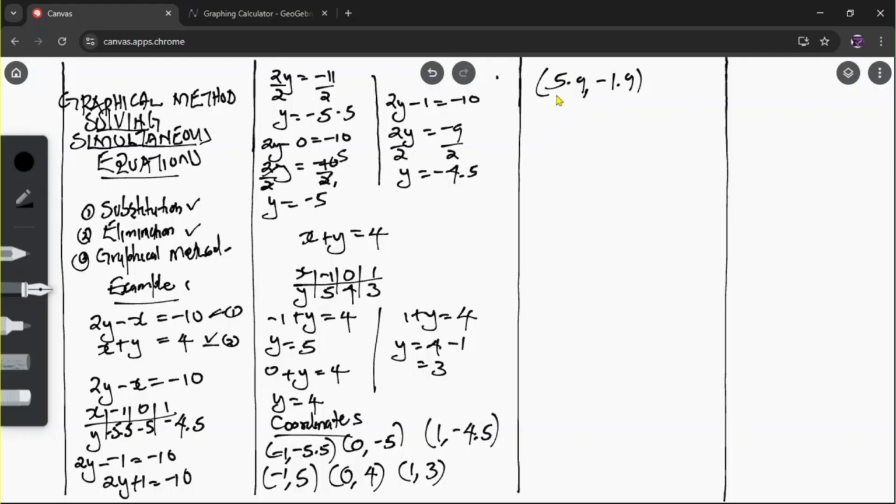This one, 5.9, represents the value of x. So x is 5.9 and y equals negative 1.9. And therefore, we have solved this simultaneous equation using the graphical method.